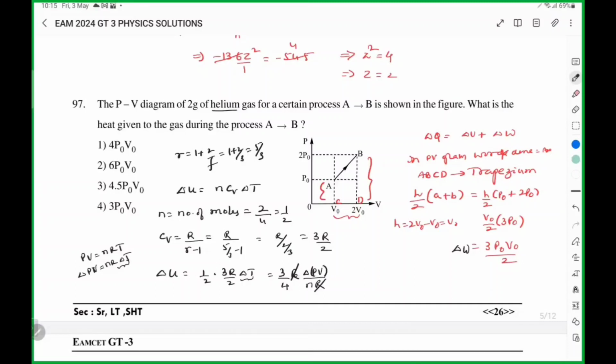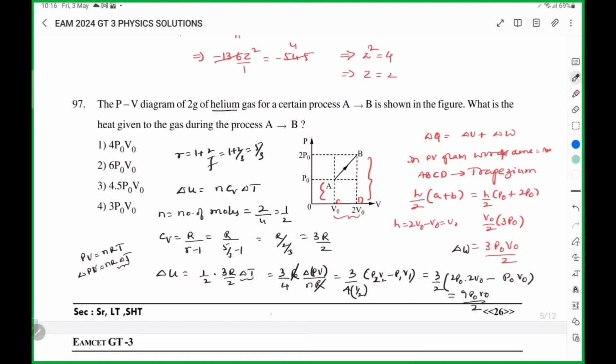Change in, n value is 1 by 2. Delta of PV means P2V2 minus P1V1. 3 by 2. P2 will be 2P naught into 2V naught minus P naught V naught. 9 P naught V naught by 2.